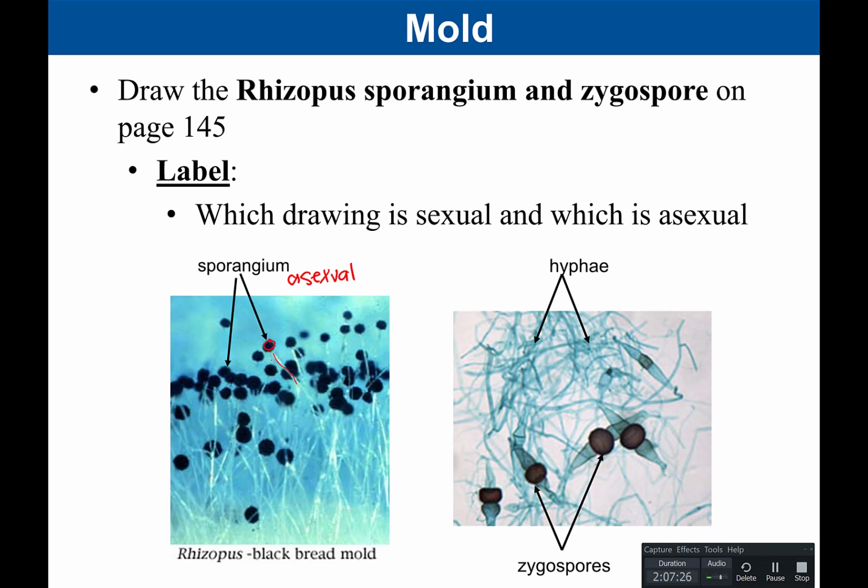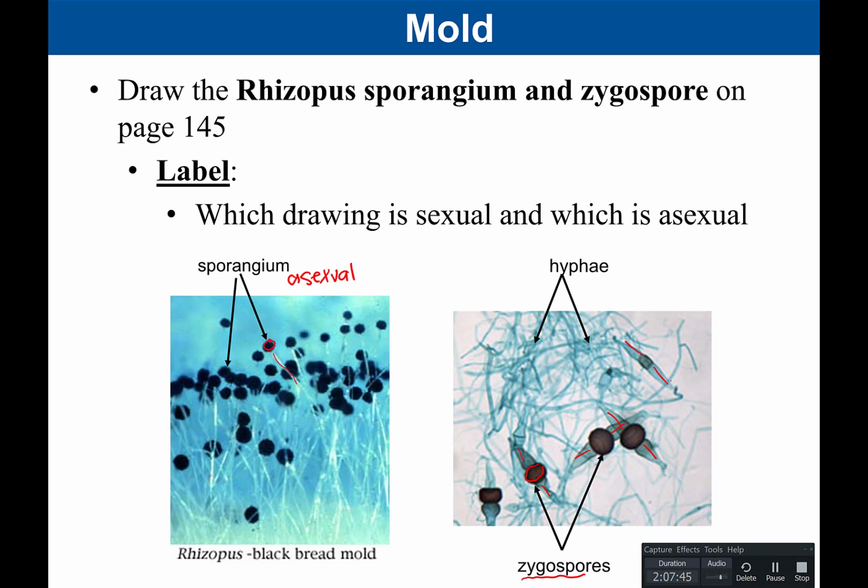On the flip side, rhizopus can also form a structure called zygospores. And so you'll notice here's my spore, and I have two hyphae coming off of each of my spores. Here's a hyphae, here's a hyphae, hyphae, hyphae.